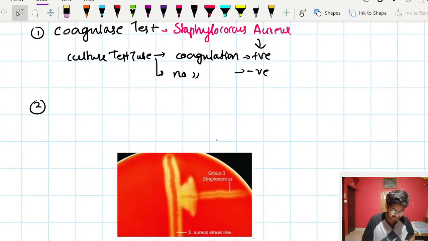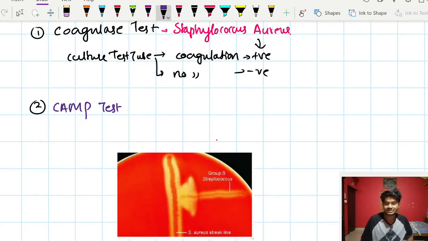Then the next test is the CAMP test. It is an important test. This is not cyclic AMP. It is named after the scientists who found this enzyme. CAMP is a phospholipase-like enzyme.